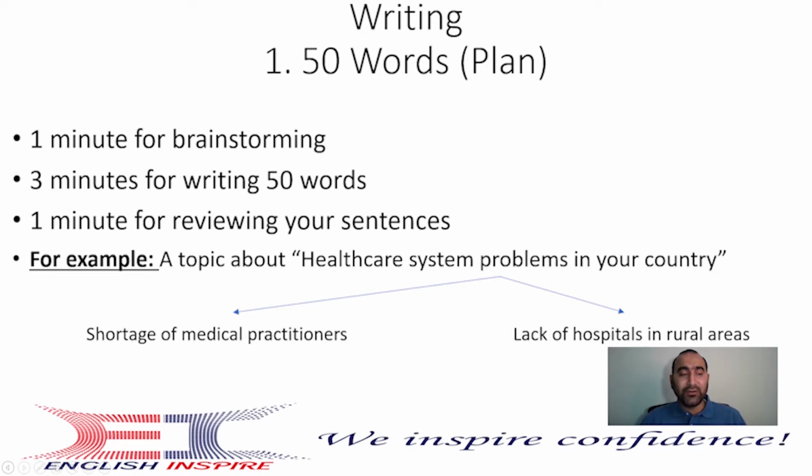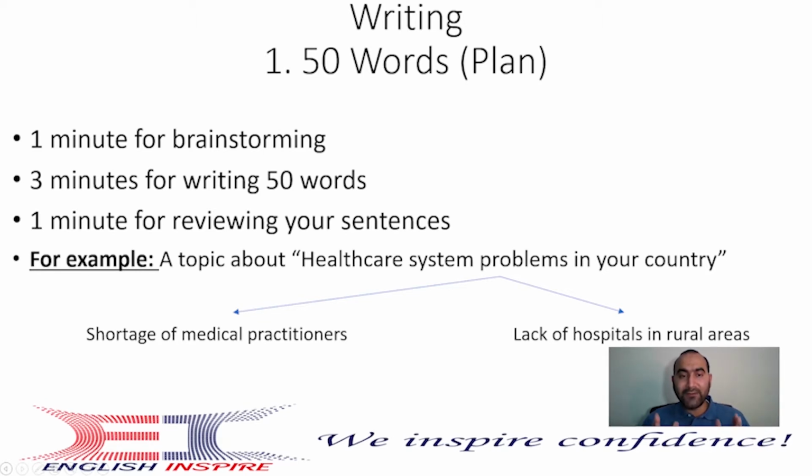Then you should review your sentences by allowing yourself 1 minute to review what you have written. So again, please feel comfortable to choose the appropriate plan for you before you attempt the writing task. But as I said, I prefer this plan, but you need to practice it before you go to the real test.